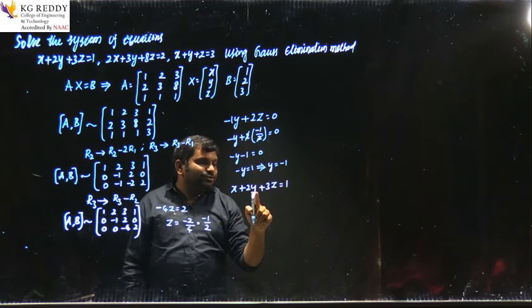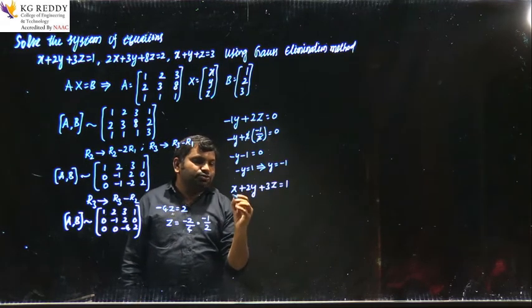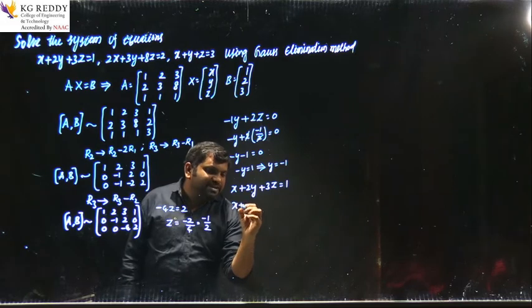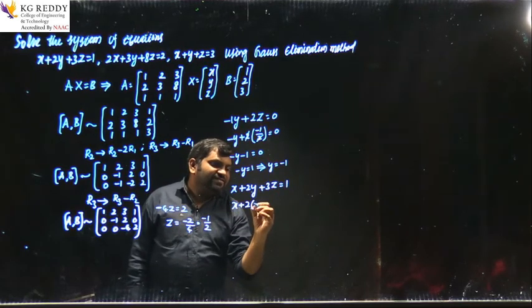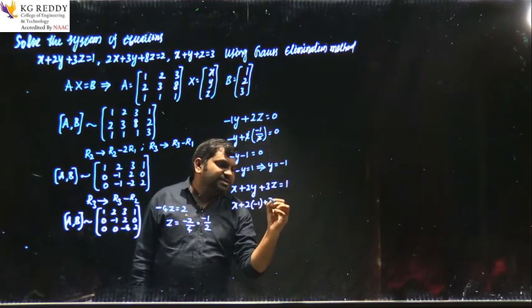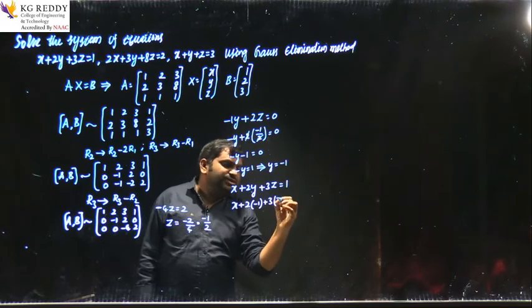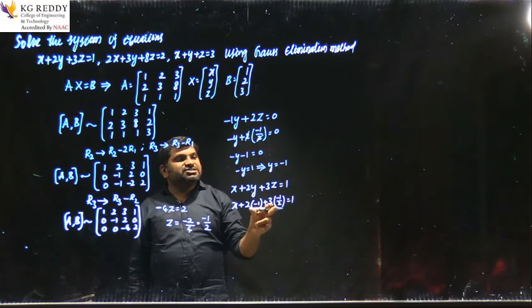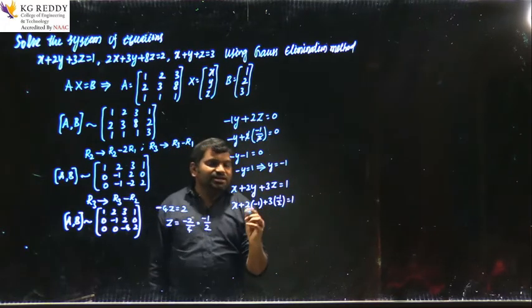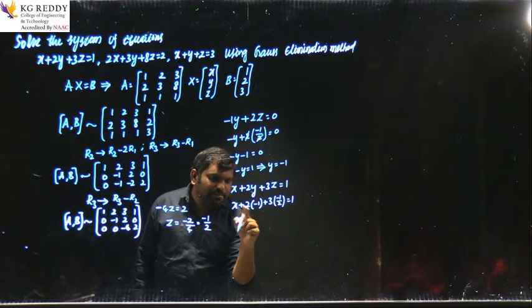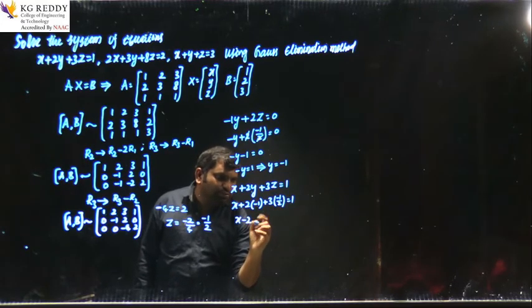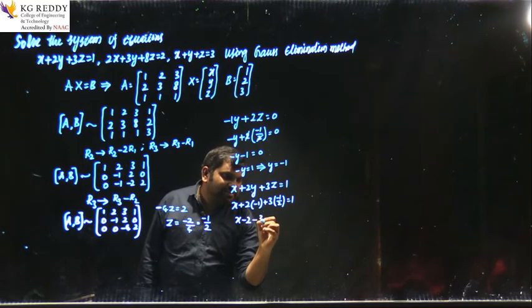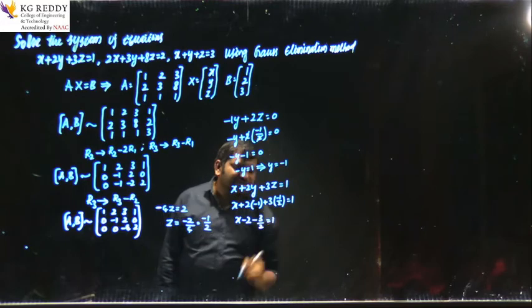Already we know the value of y and z. So x plus 2 into the y value, minus 1, plus 3 into the z value, minus 1 by 2, equals 1. So from this we will get the x value directly: x plus 2 into minus 1 plus 3 into minus 1 by 2 equals 1.